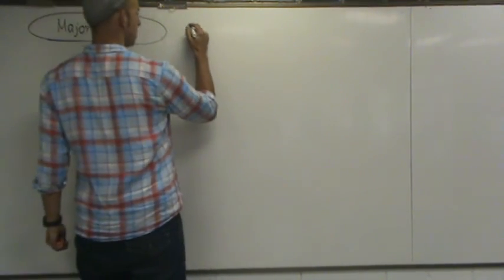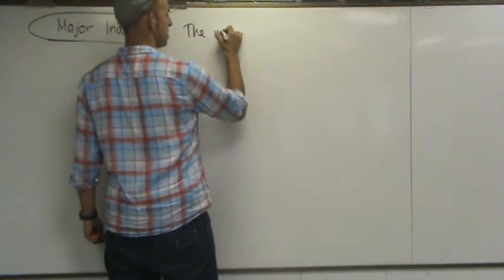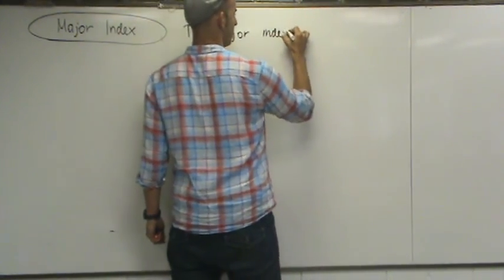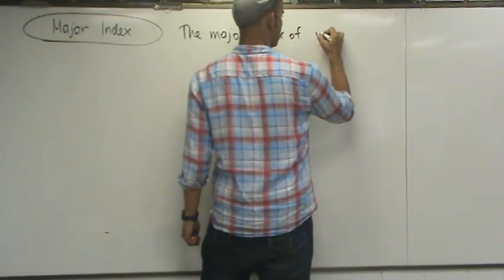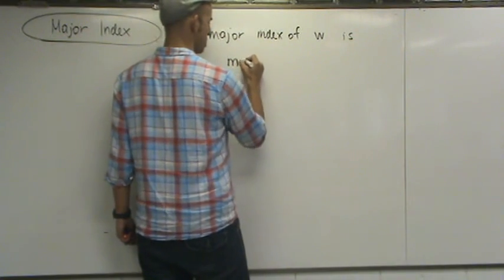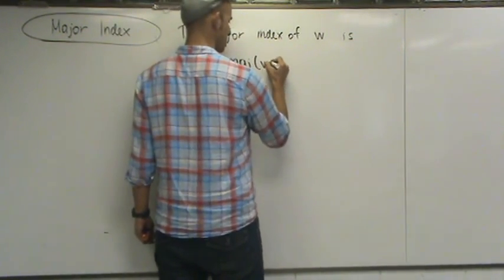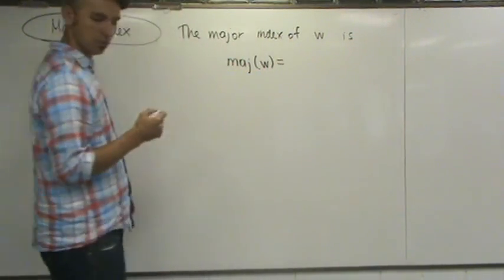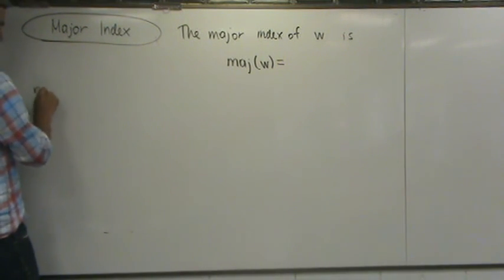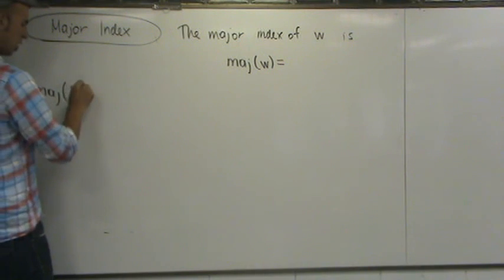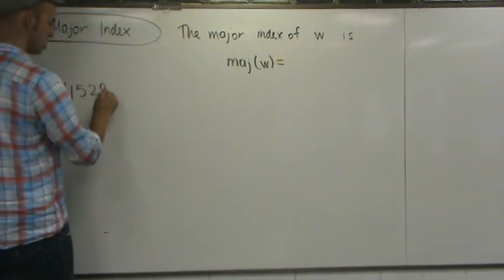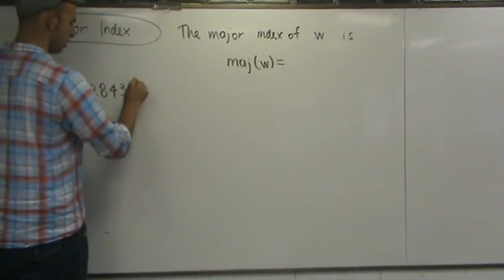The major index of w is, what I do is that, and maybe we can go back to the other permutation that we had, 1, 5, 2, 8, 4, 3, 6, 7.